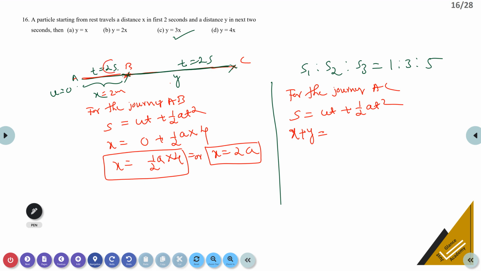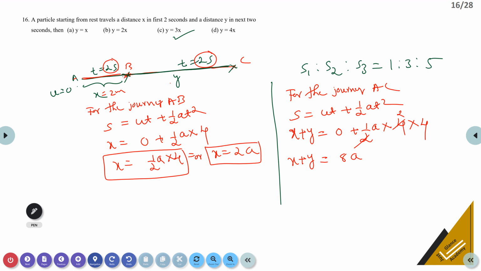What is the total time taken here? 2 seconds plus 2 seconds, it becomes 4 seconds. 0 plus 1 by 2 a into 4 square, that means x plus y equal to 8a.